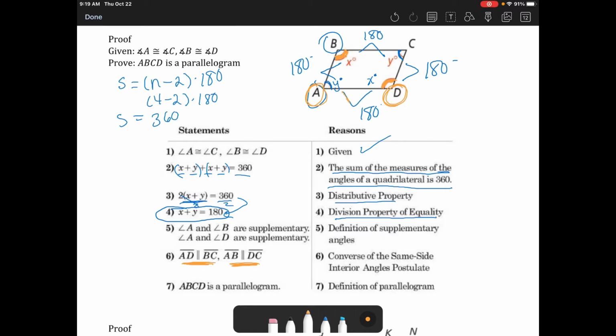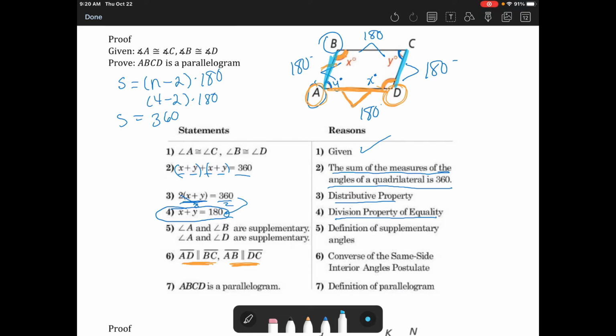So because these 2 consecutive angles are supplementary, they are same side interior angles. And since they are same side interior angles, then this would act like a transversal, and these would be the parallel lines. This would be the parallel line to here.